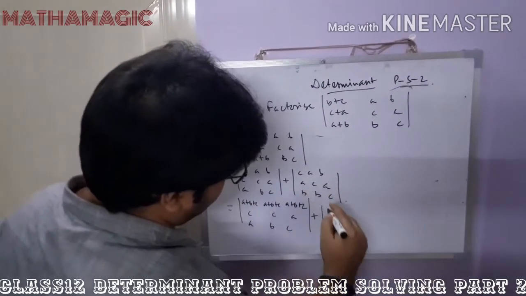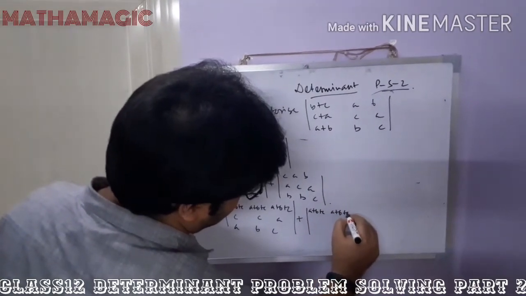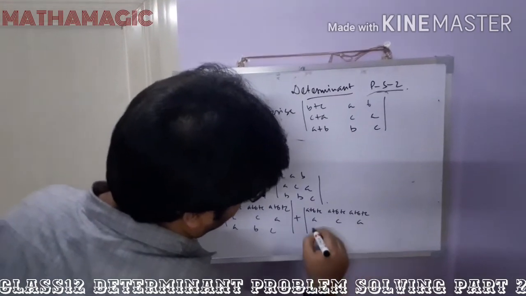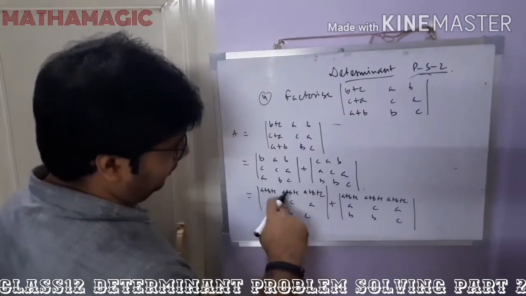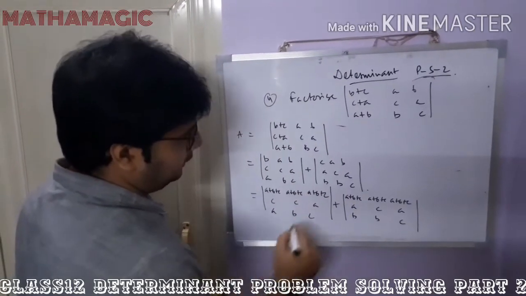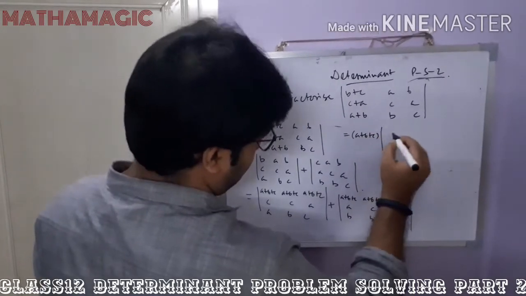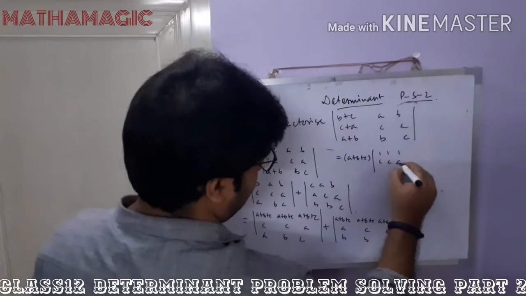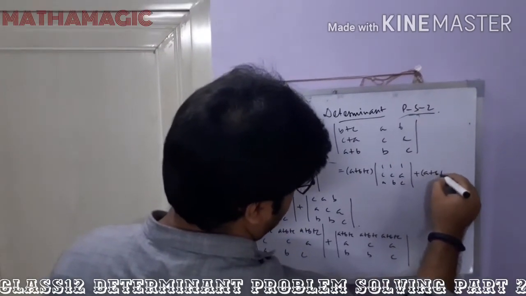Will do the same thing. So it will become a plus b plus c, a plus b plus c, a plus b plus c, and it will become a c a, b b c. Now just take a plus b plus c common from both the determinants, so it will become a plus b plus c into 1 1 1 c c a b c, plus it will also become like this.